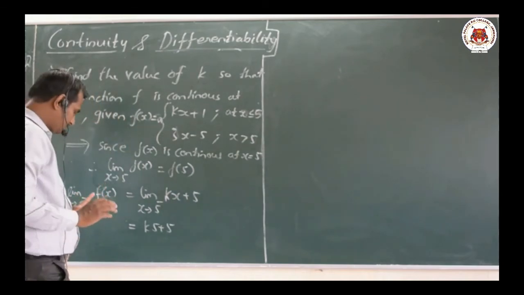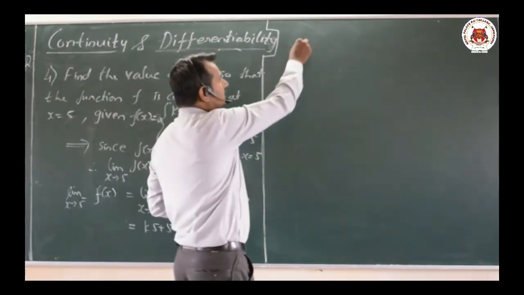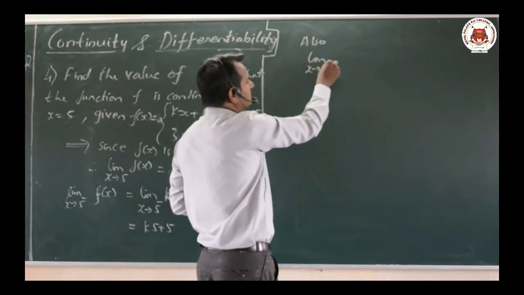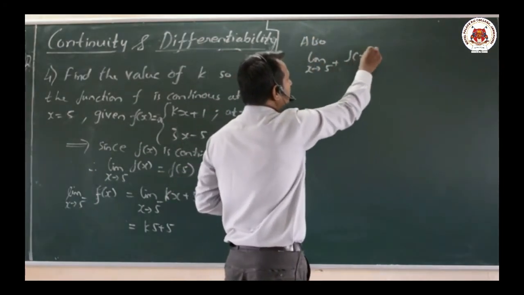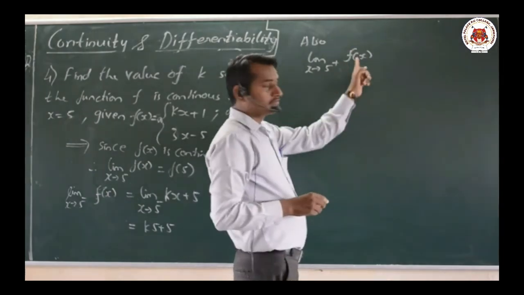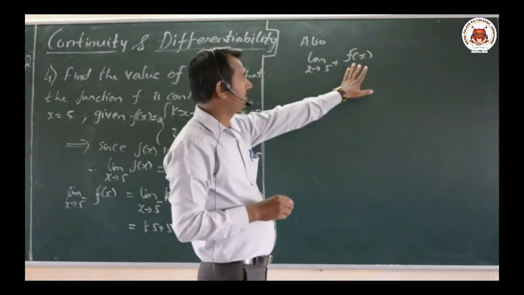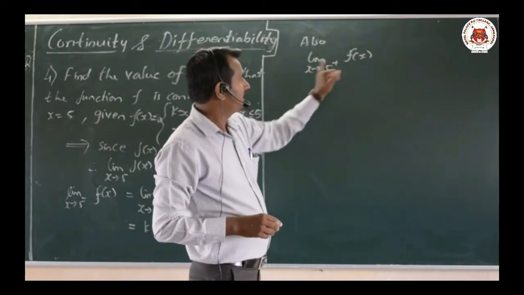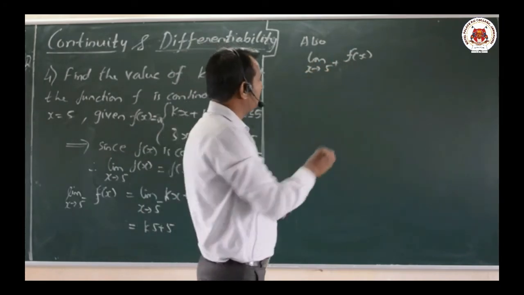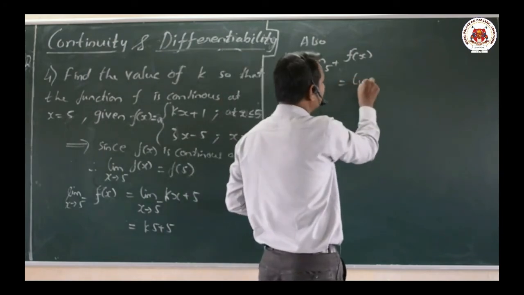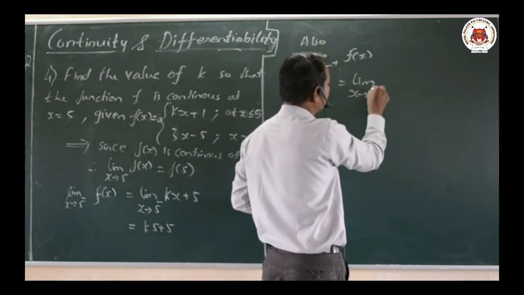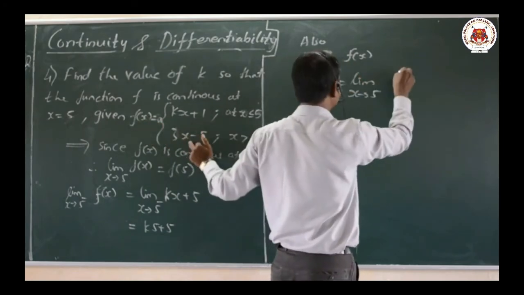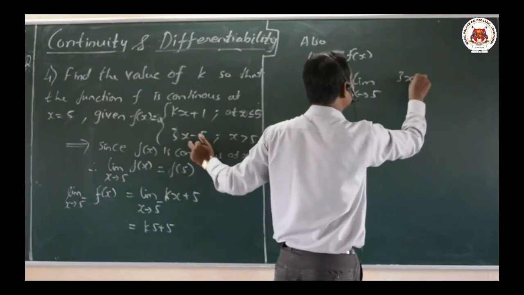Next one, now we shall move on to the right hand limit, that is the limit as x tends to 5 plus f of x. The function value when x is greater than 5 is 3x minus 5 here.